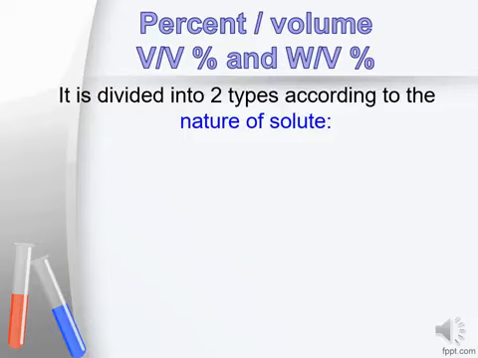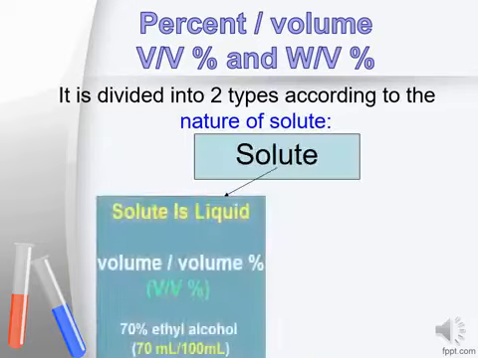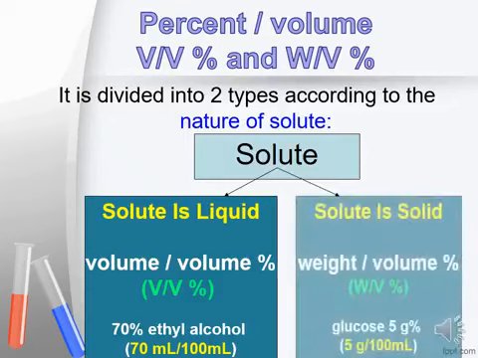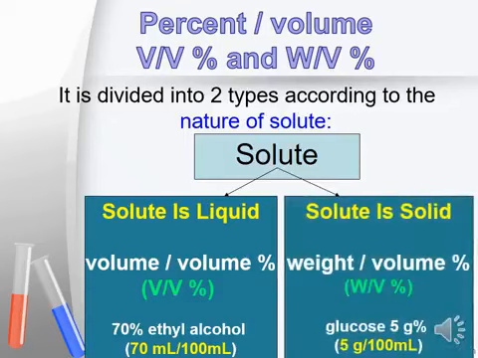The solute is divided into two types according to its nature: the first one, when the solute is liquid, and the second one, when the solute is solid. What will be its expression? When the solute is liquid, the expression will be volume per volume, volume per volume percent, or V per V percent.